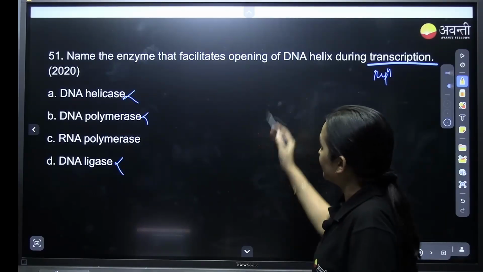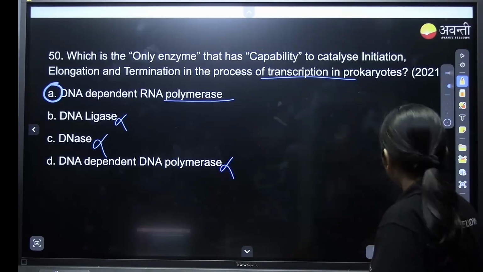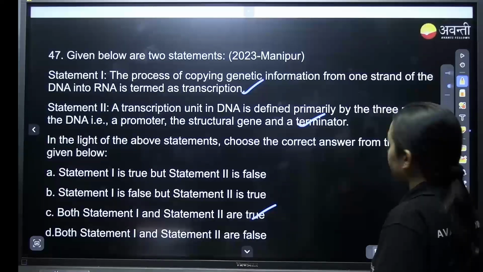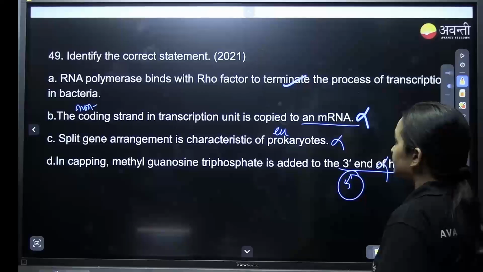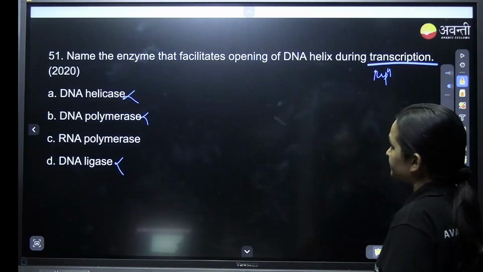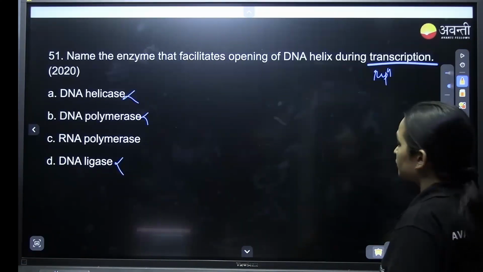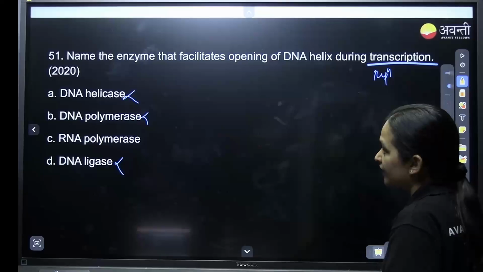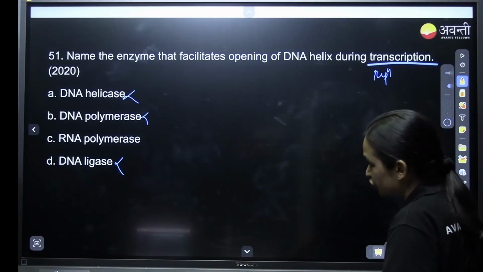लेकिन when it comes to all in one enzyme, यहाँ all in one enzyme है ना, कहाँ गया वो? ओहो, what is the role of, sorry, the only enzyme that has a capability, okay, that is RNA polymerase. Name the enzyme that facilitates the opening of DNA helix during the transcription.